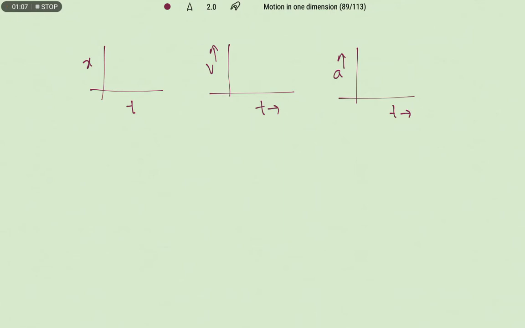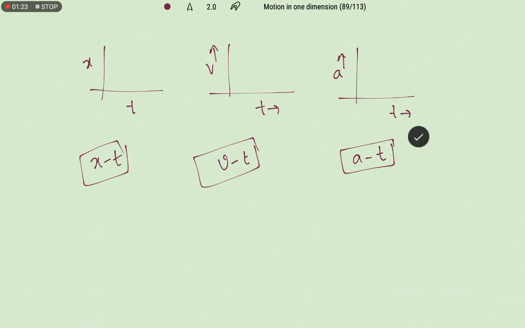So for different types of motion, what will be the nature of the graph between position and time, velocity and time, and in the same way acceleration and time?